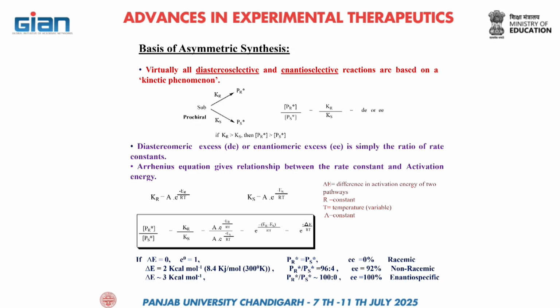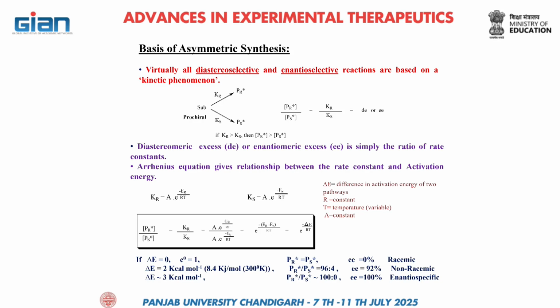Now you are going to get 2 types of products, either R or S. Why are we saying either R or S? Because we are doing asymmetric synthesis. Our objective is to get exclusively R or exclusively S.